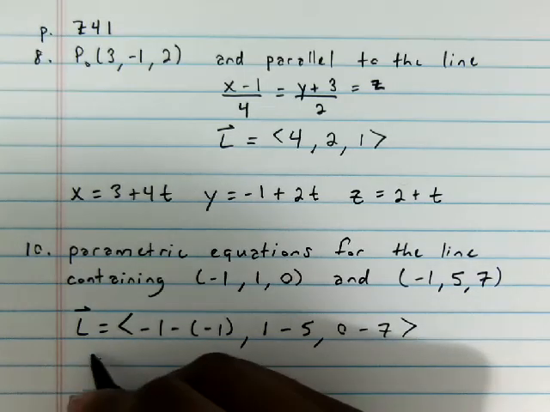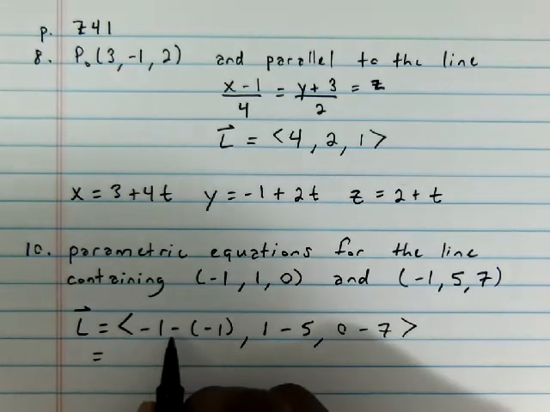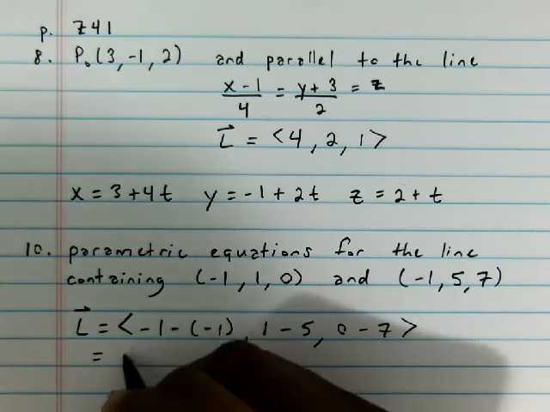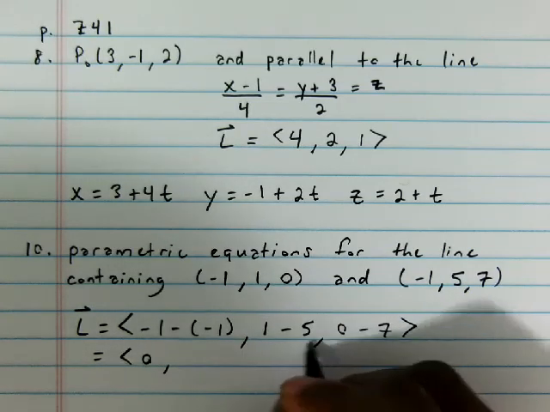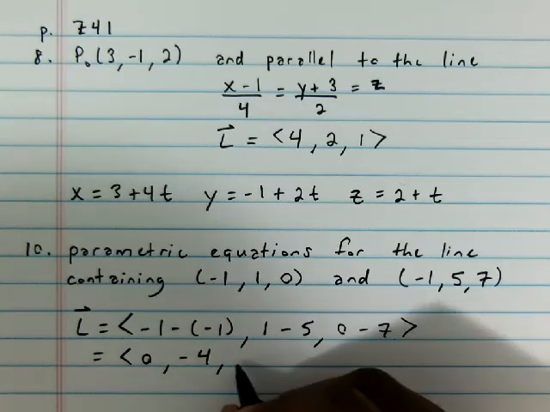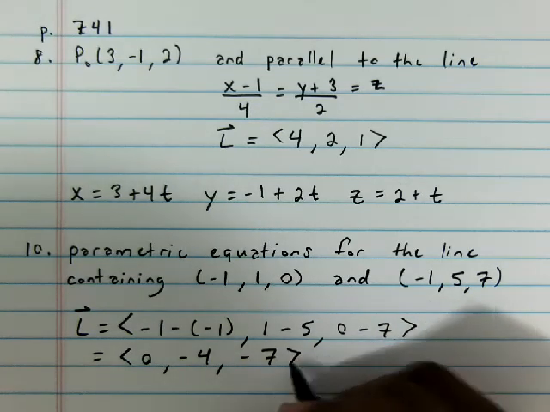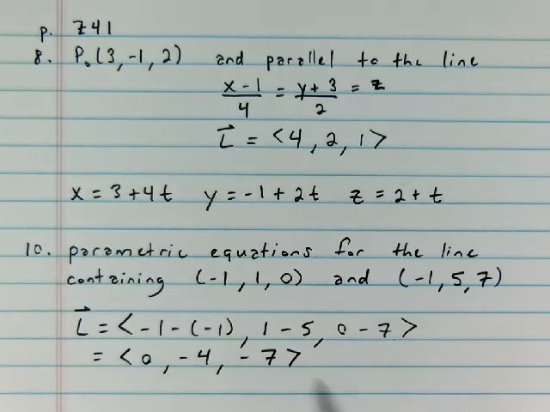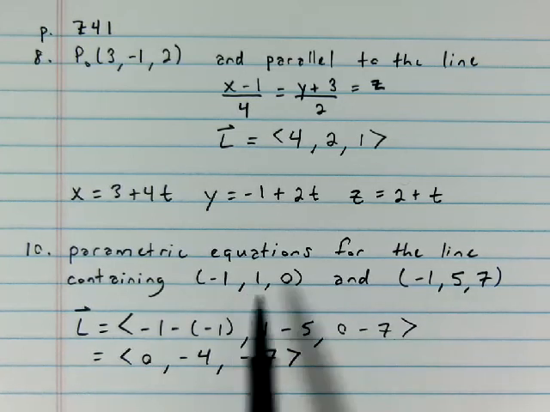So now I have my L: -1 minus -1 gives us 0, 1 minus 5 gives us -4, and 0 minus 7 gives us -7. So now we have a vector that is parallel to our line, and now we just use whichever one of these points that we want to. I'm going to use the first point.